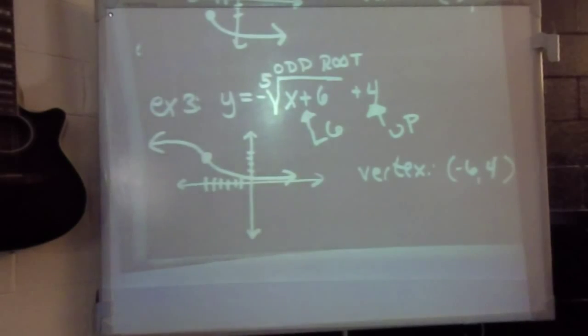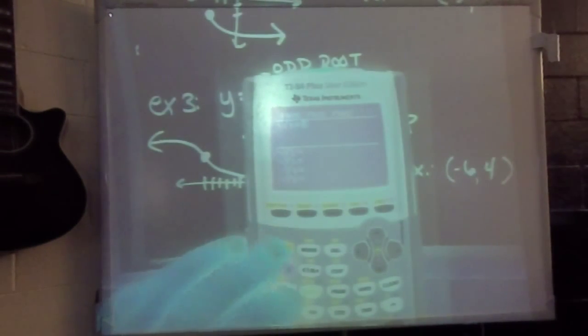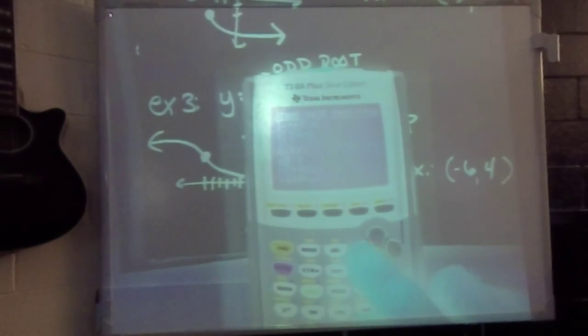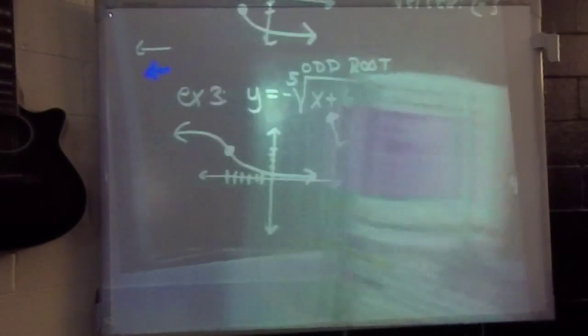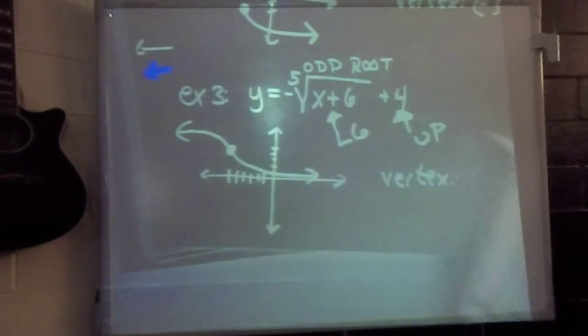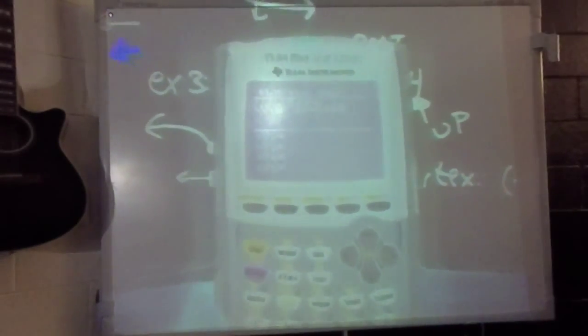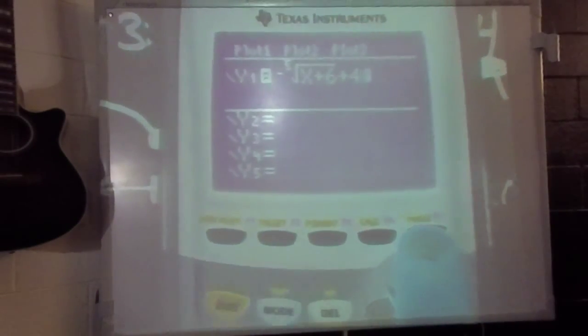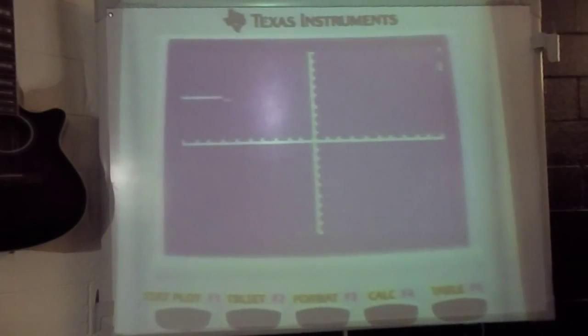So there's your squiggle. And I'll put this one in really quick, as we have a 5th root. And that's what it looks like on here. Comes down, goes that way.